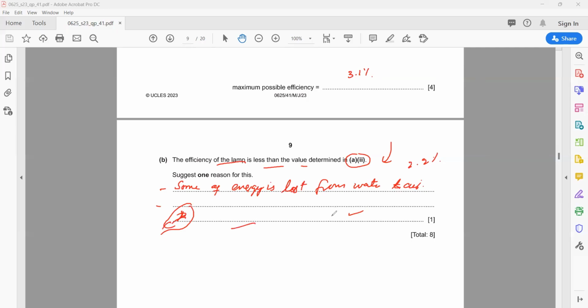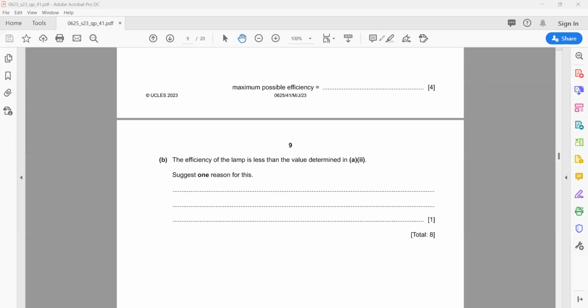So that is one of the reasons. From the water to what? Water to the air, because when the water becomes hot, it can go to the air also.